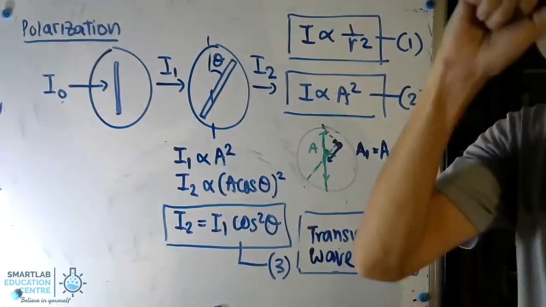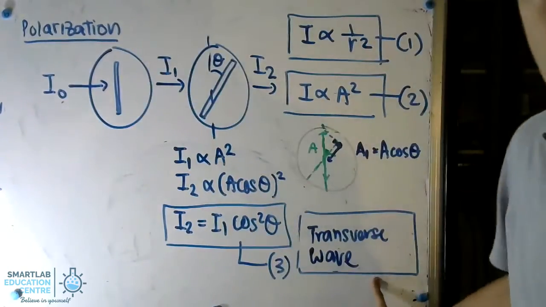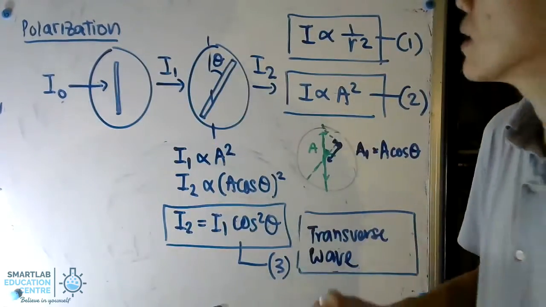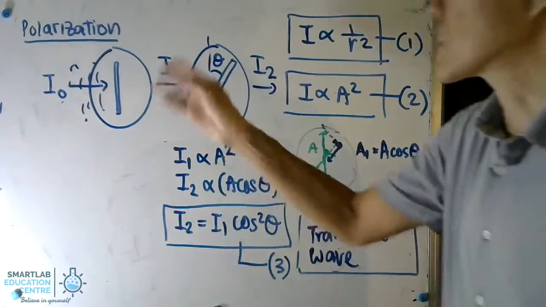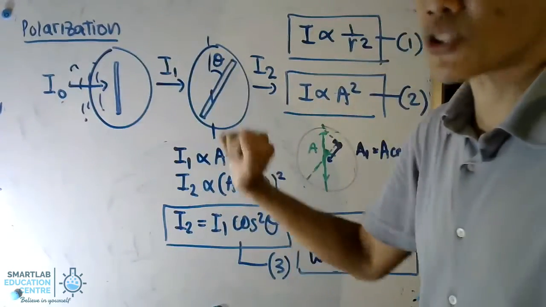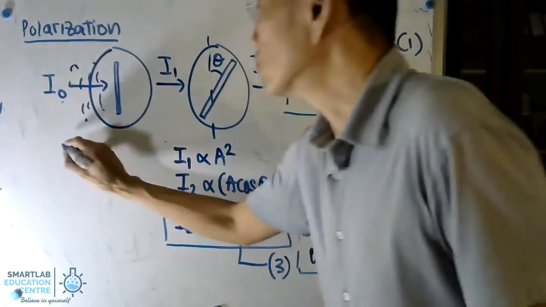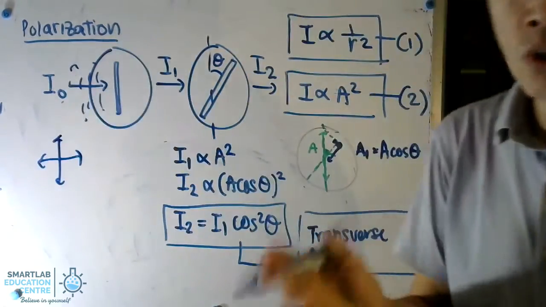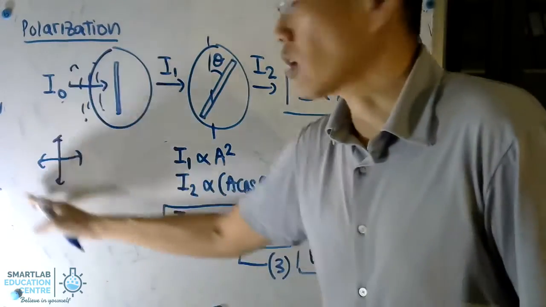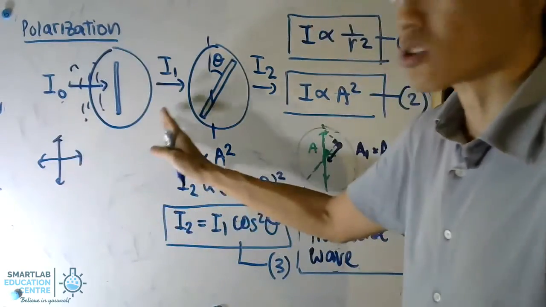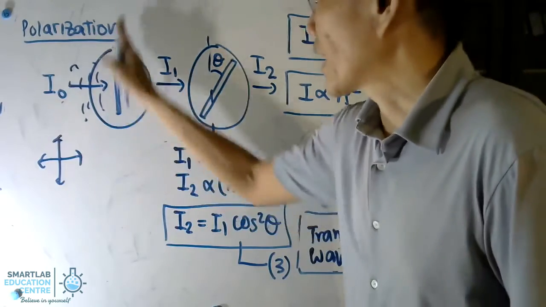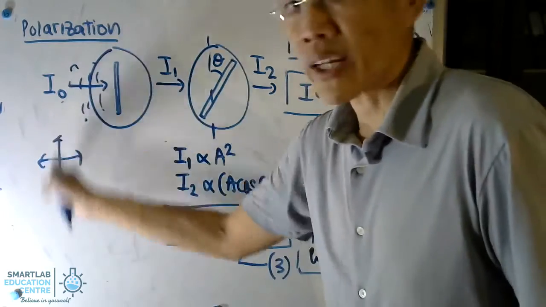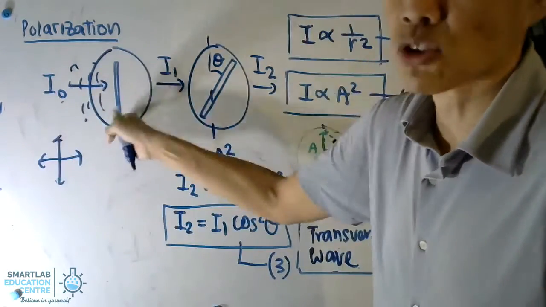So let us now take a look at polarization of transverse wave. First thing to note is that only transverse wave could actually be polarized because the oscillation of the particle is perpendicular to the direction of the energy transfer. If we assume an omnidirectional transverse wave that passes through this first Polaroid, where all the slits are orientated in this direction, then we know that only the transverse wave in this plane is able to pass through the slit.